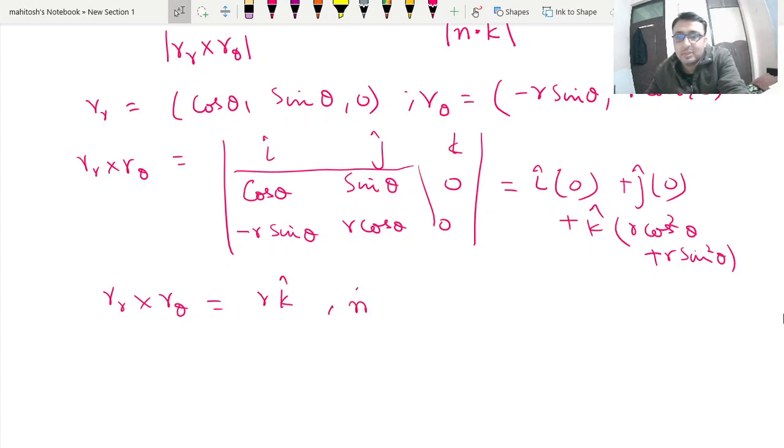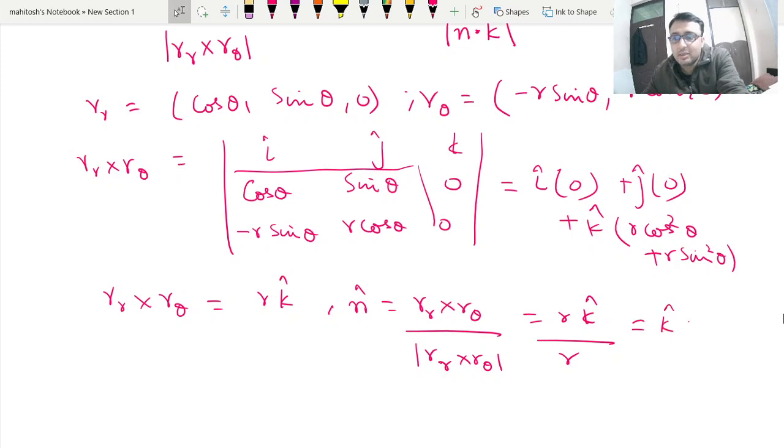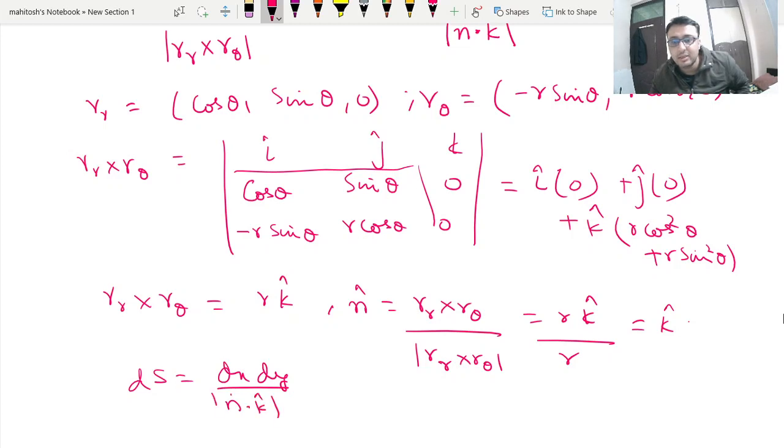So our n cap is nothing but this divided by its modulus, which is r, so we get n cap is equal to k cap. So we can write our dS, as given in the question, as dx dy divided by n dot k cap.